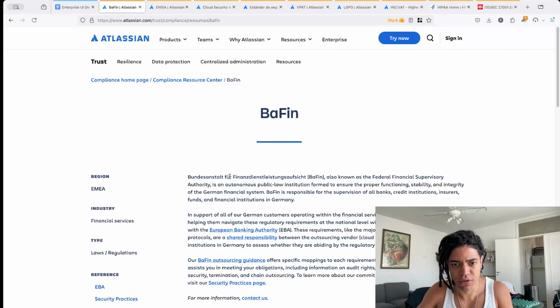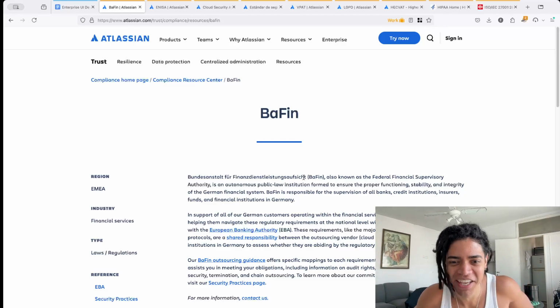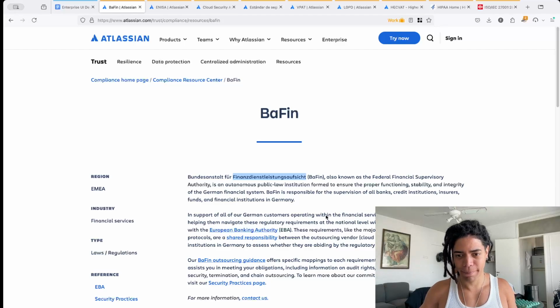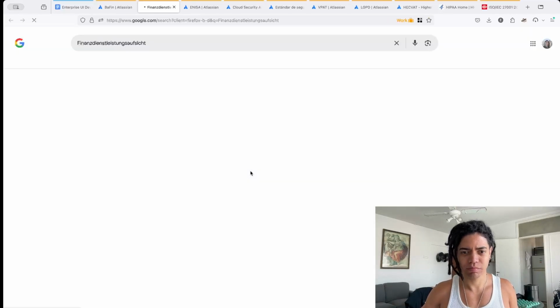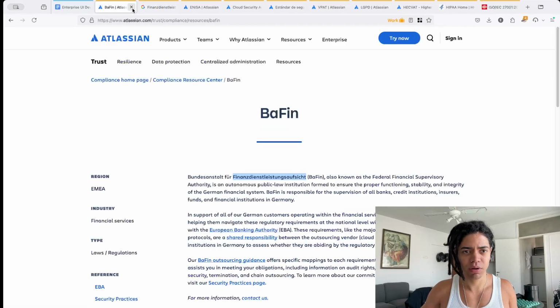Bundesamt für Finanzdienstleistungsgesellschaft. Goddamn. How do you say this? Now I want to know how I can pronounce this.